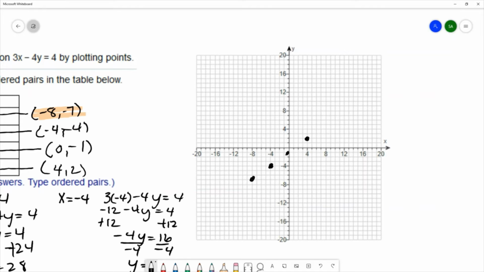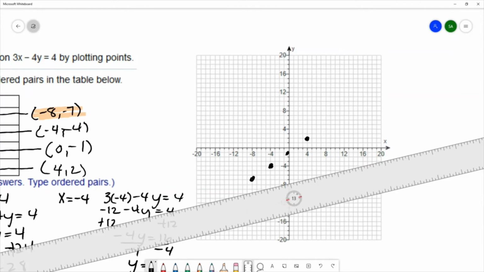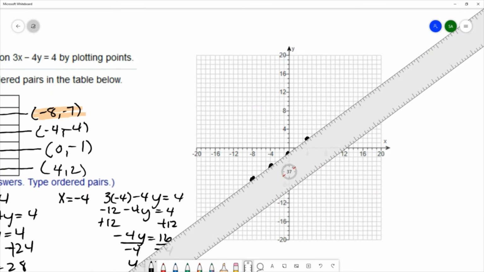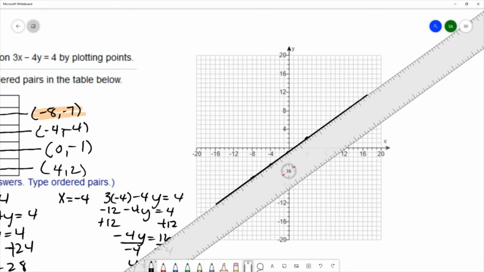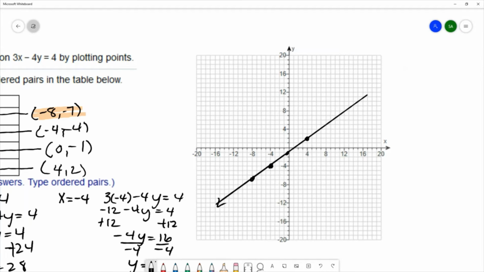This creates a straight line, and I'll connect these points with the straight line. So we have the graph of 3x minus 4y equals 4 by plotting points.